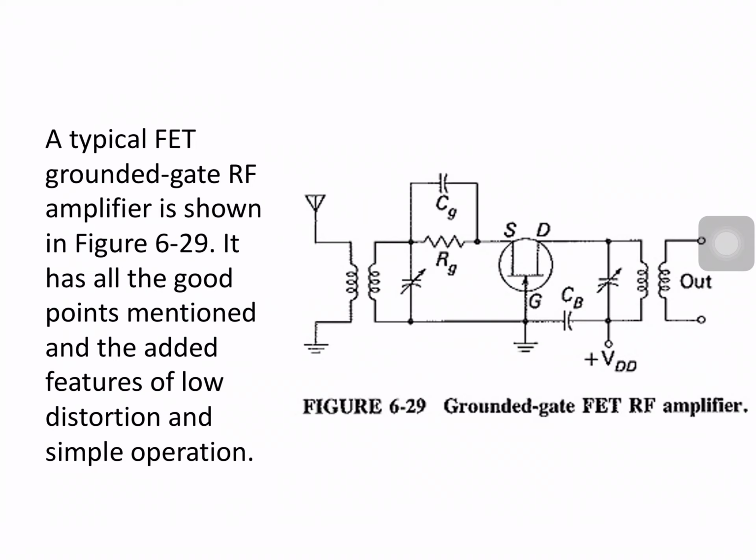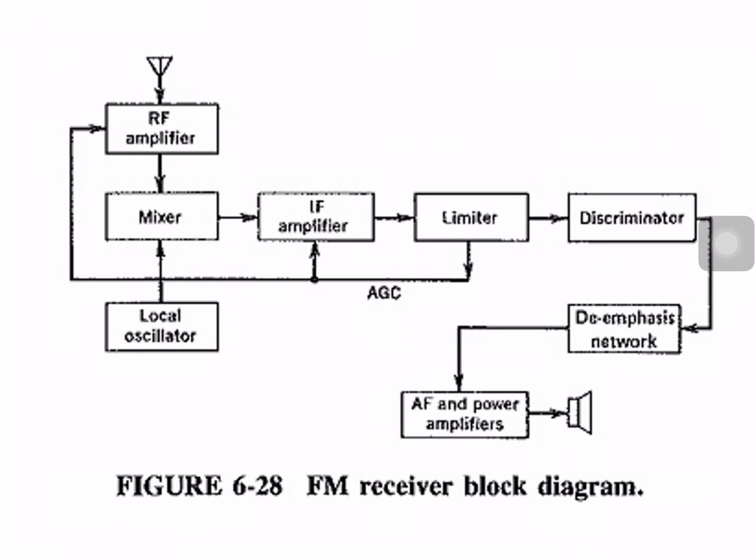This is just for your information: the antenna is given to a transformer, and then the grounded gate circuit is introduced, and whatever output we get from this circuit is given to the mixer. At the mixer, a frequency is generated from the local oscillator and mixed with the output of this grounded gate FET RF amplifier. Mixing the RF amplifier output with the local oscillator output at the mixer is called the superheterodyne principle.